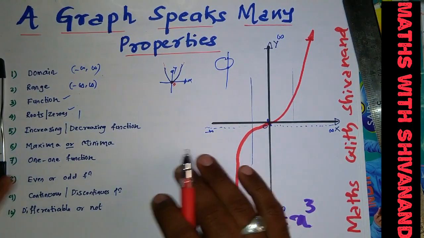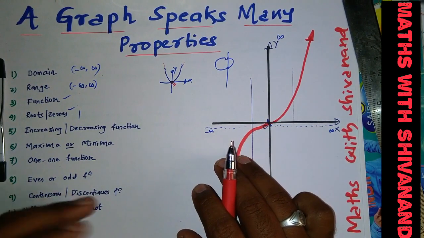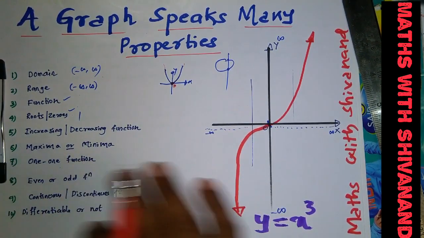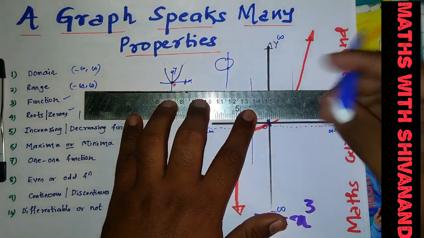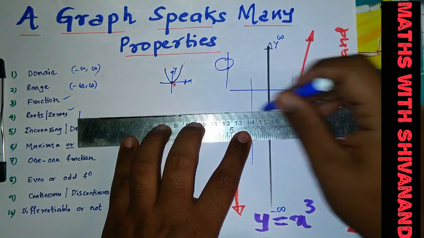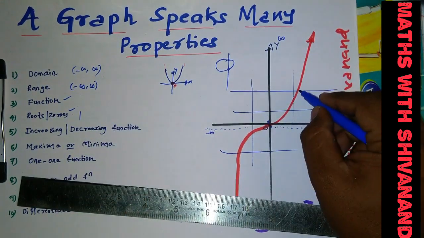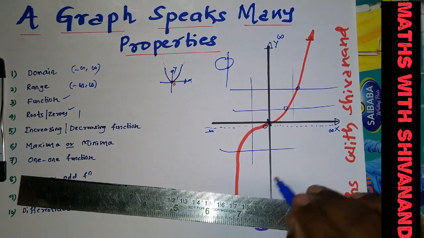And the seventh property, 1-1 function, or injective function we say. It comes under relations and functions. To check 1-1 or not, we go with what here? The horizontal line test. If your horizontal line touches the curve at only one point, that function is a 1-1 function.